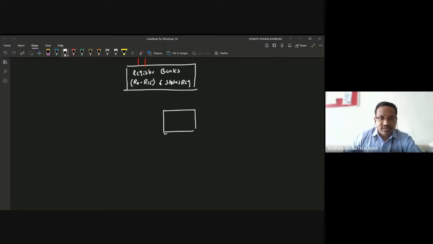This is a 32 by 8 multiplier, or we can call it a MAC. MAC means multiplier and accumulator.